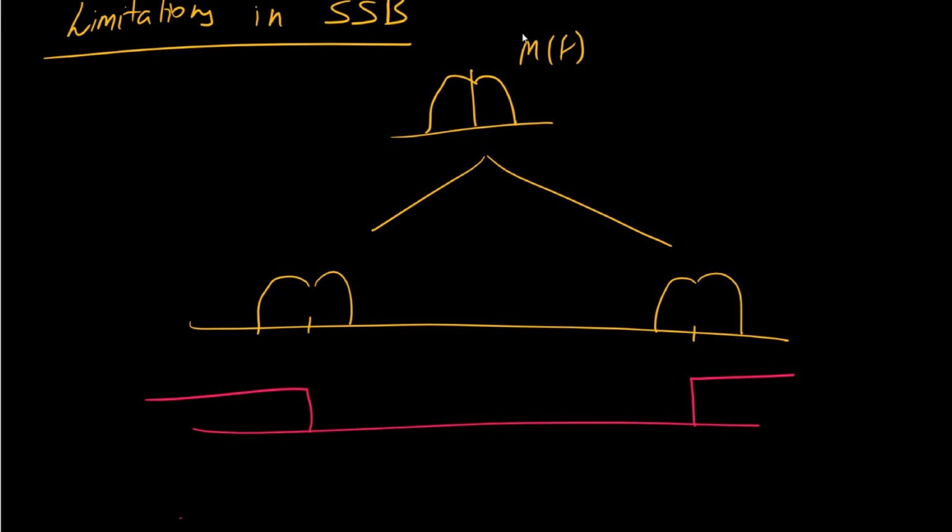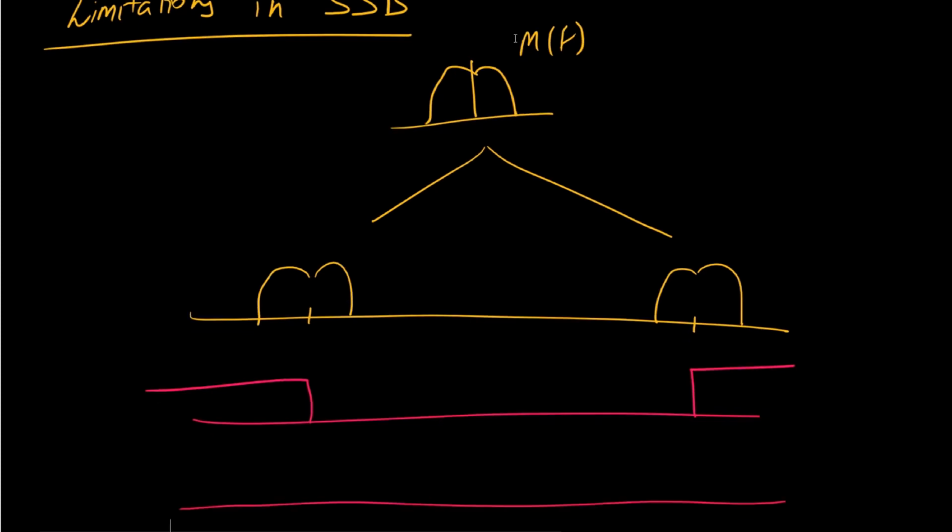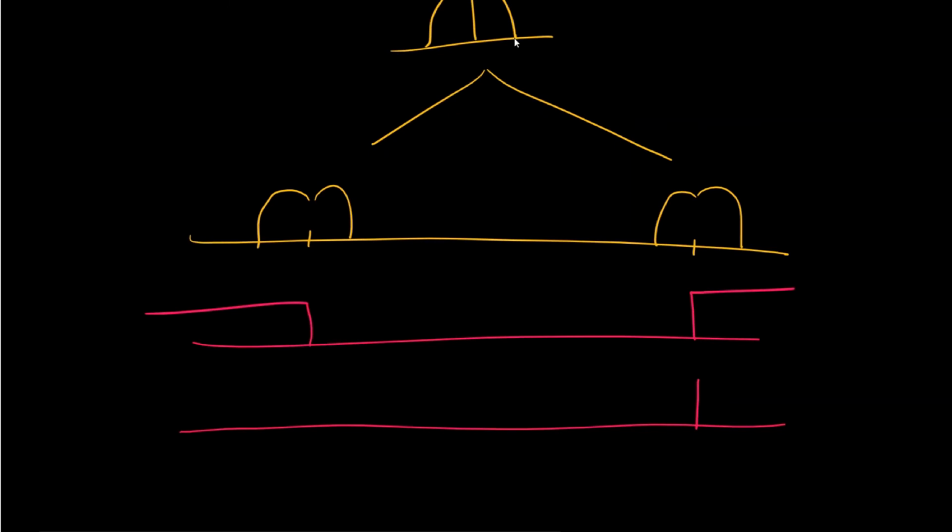After passing through that filter, we have the SSB plus. The limitation is that you need this high pass filter, which is ideal in nature and has a very sharp transition. So that's not very practical.